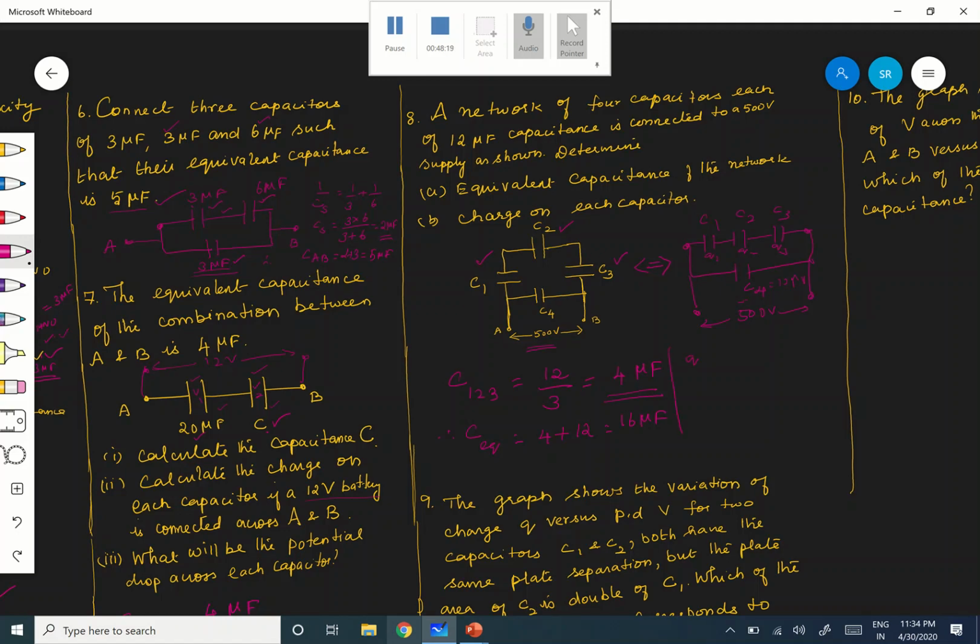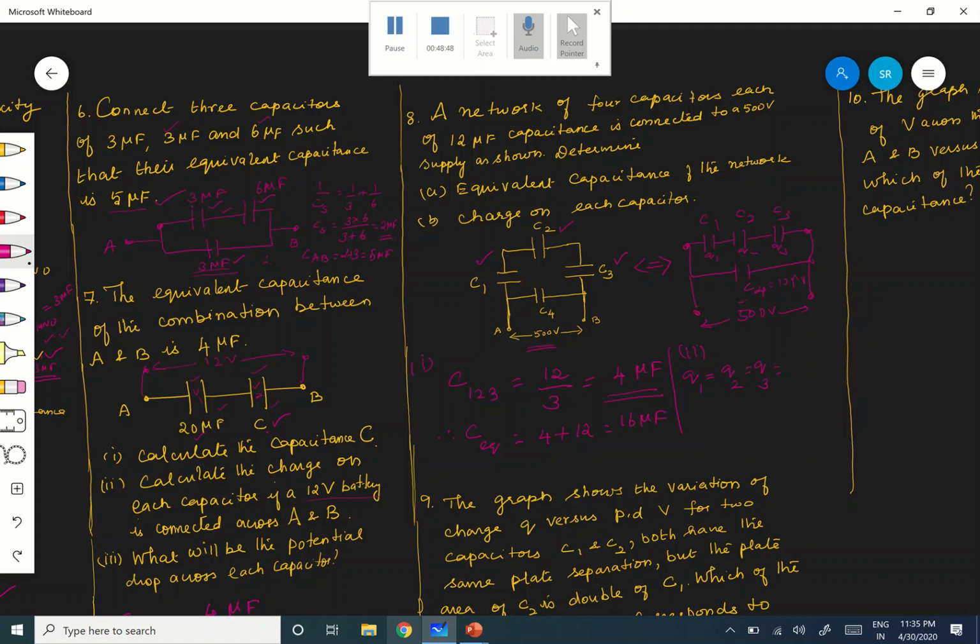This is the second part. In the second part, C1, C2, C3 are in series. Therefore, the charge on all these three should be the same. Therefore, you can write Q1 should be equal to Q2, because they are in series. I'm repeating so many times. And that should be equal to the charge.